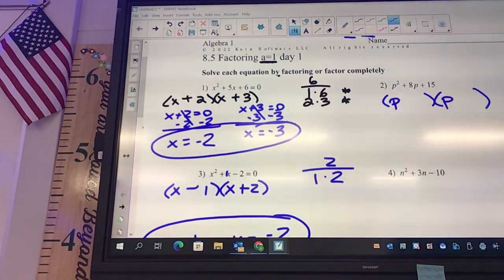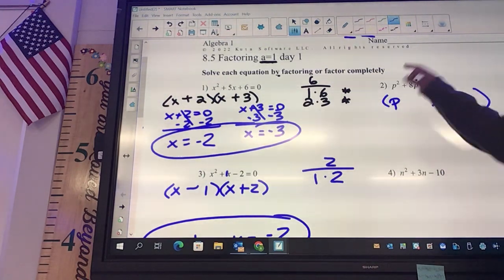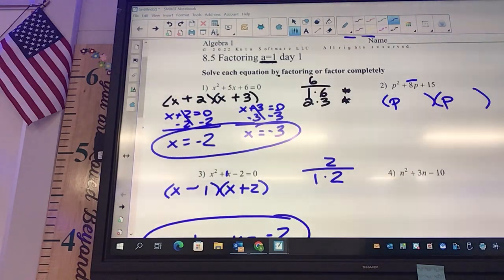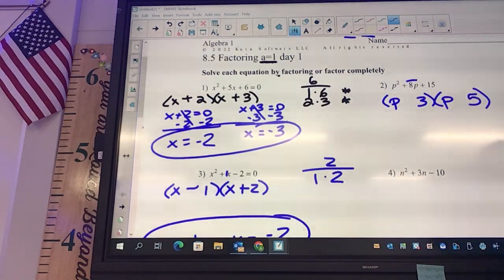Okay? So of these numbers, I got 2 groups. You can either pick this group, okay, or this group. I need something to add or subtract to give me an 8. What? 5 and 3 could give me an 8. Okay, and I need a positive 8.